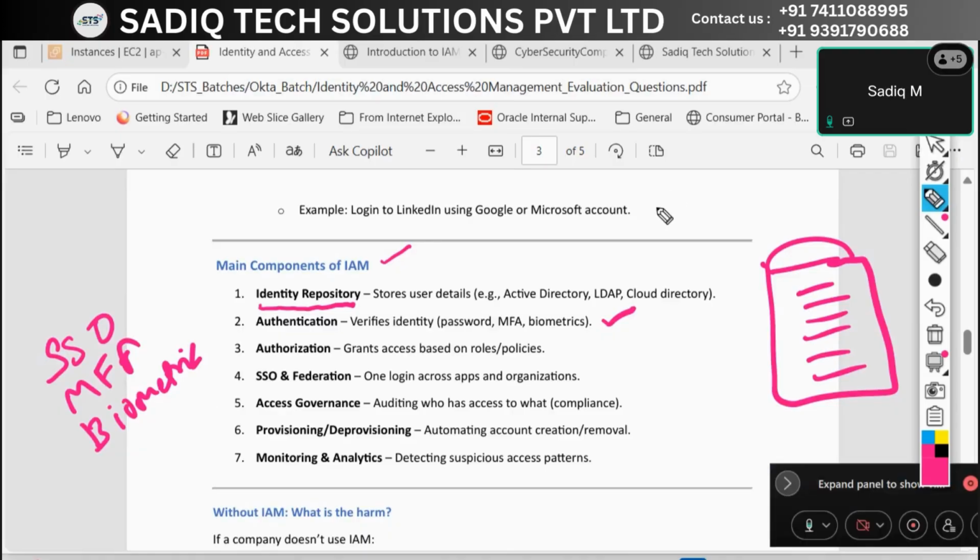No, most of the applications, see, that is the IAM rule actually. What is the IAM rule? All applications belonging to one organization should log in with a single set of credentials. That is one of the IAM rules.